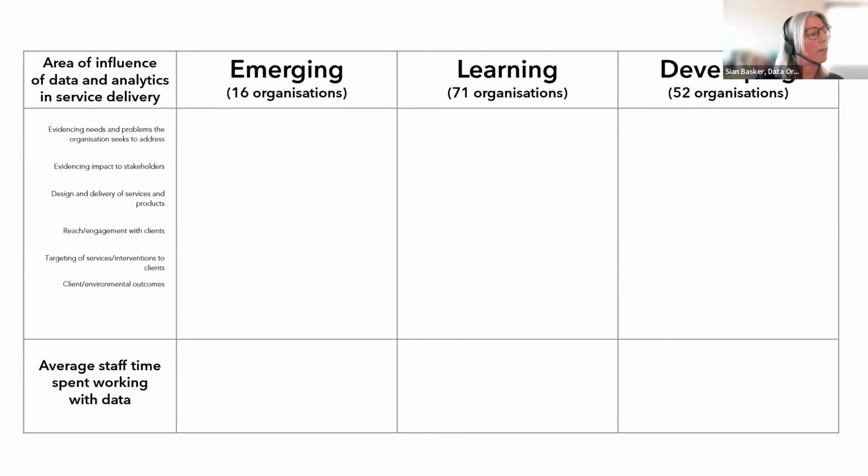We are focusing on some aspects that are part of the assessment. So we're looking at the influence of data on evidencing needs, evidencing impact, the design and delivery of services, reach and engagement with clients, how services are targeted, and also client outcomes, or if you're an environmental charity, environmental outcomes.